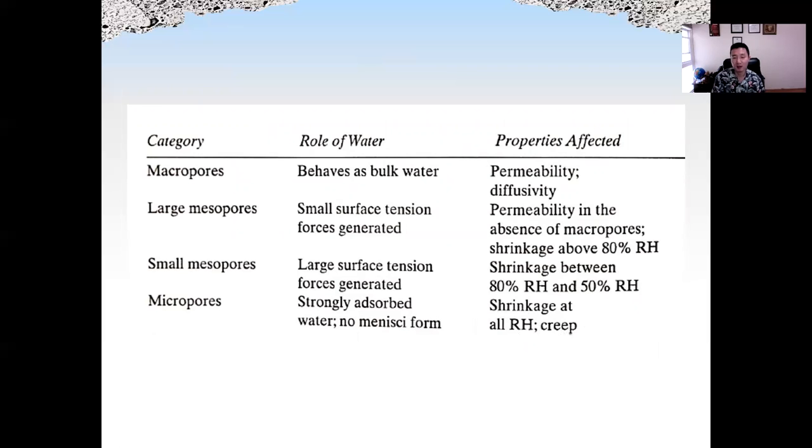But for the water in these micropores, there's no surface tension, so no menisci form in such small pores. Again, we'll talk about shrinkage behavior and creep of concrete in lecture 10 or 11, several weeks from now.